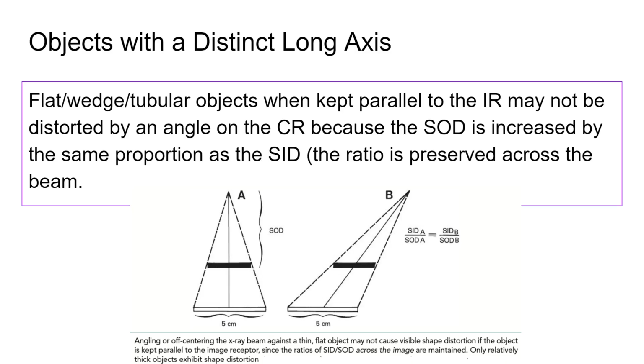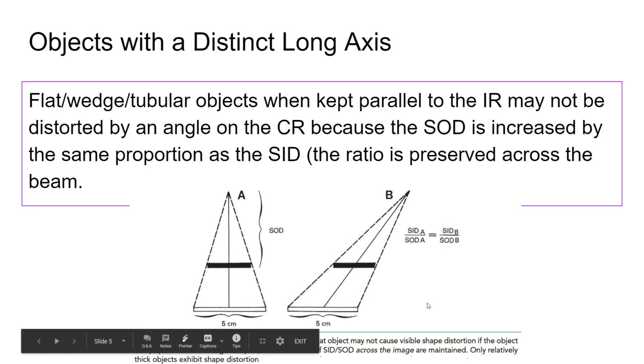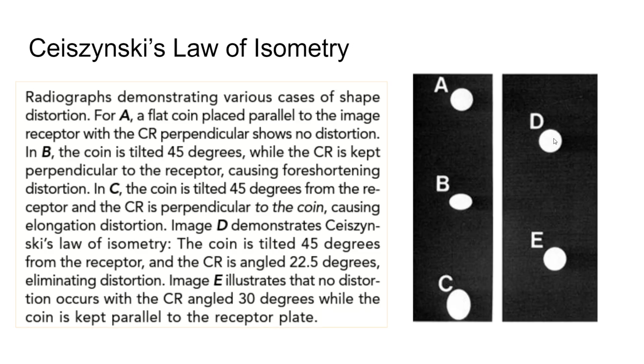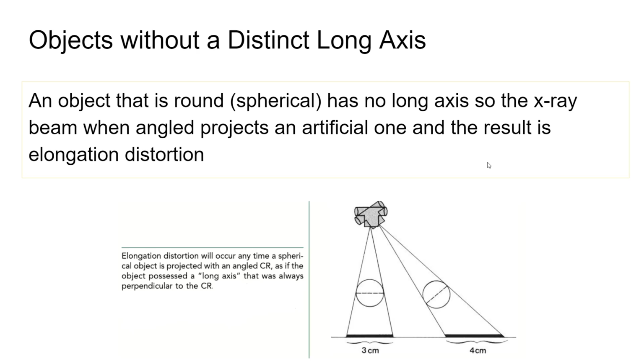It's eliminated or minimized to where you can't even tell. Right? But D is the one I'm happy with. Really shows the law there. But you can only do that with flat objects.